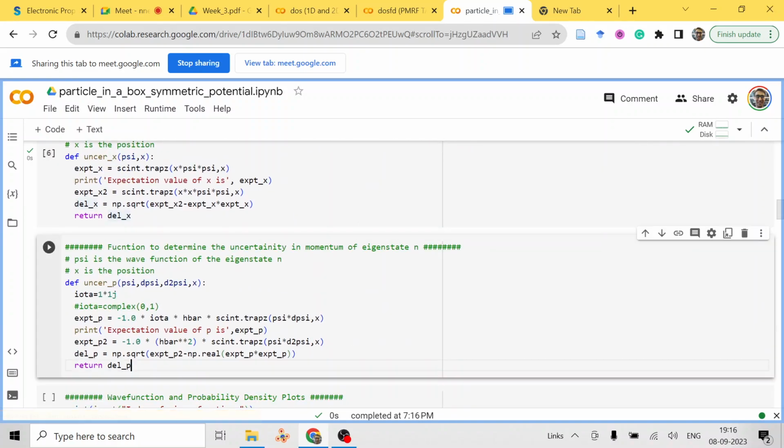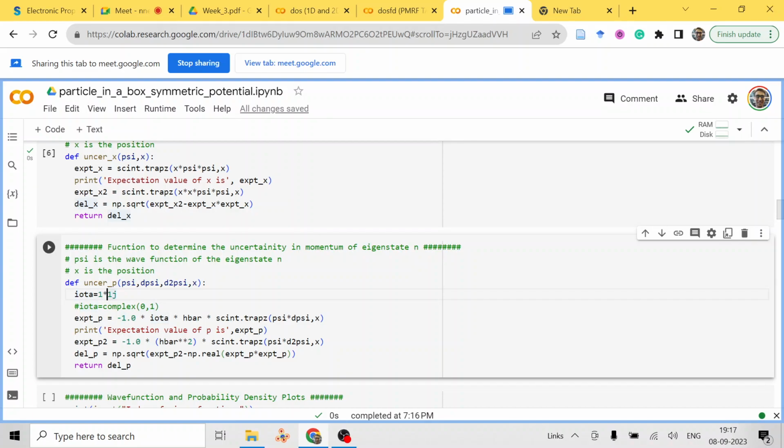Then we have the function to determine the uncertainty in momentum. For this we have to use a functionality of Python. Within Python itself you can define complex numbers, so you don't need any library for this. Here I have defined a variable called iota, which is the square root of -1.